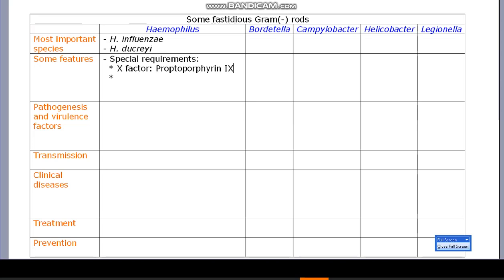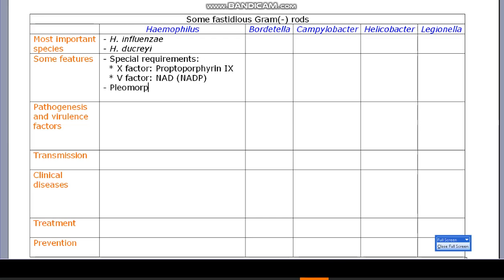This is a chemical compound important for the synthesis of blood. And the other one is V factor. V factor is NAD, you already know this, or NADP, nicotinamide adenine dinucleotide. Some Haemophilus need X factor to grow, some need V factor to grow in the laboratory, and some of them need both.